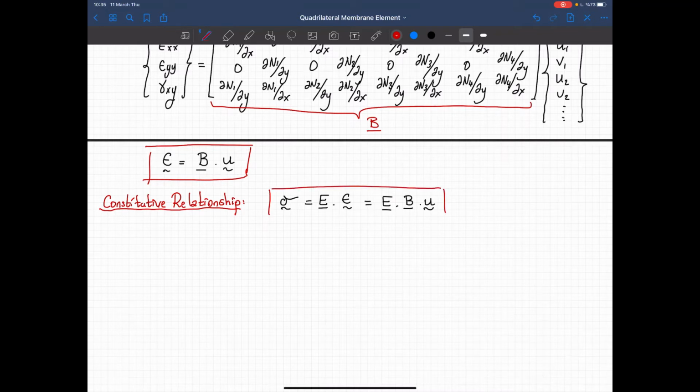Now let's take a look at the element energy. The total potential energy is equal to the element internal energy minus the external energy.